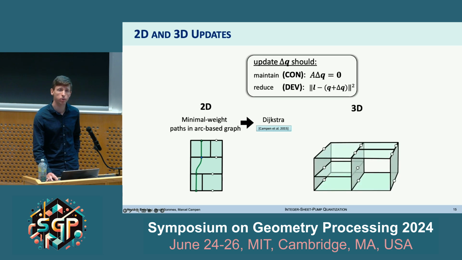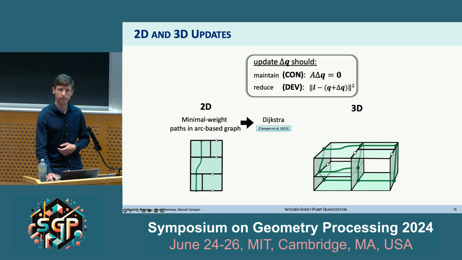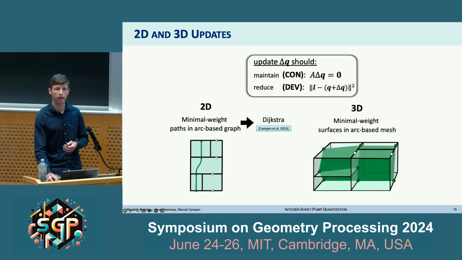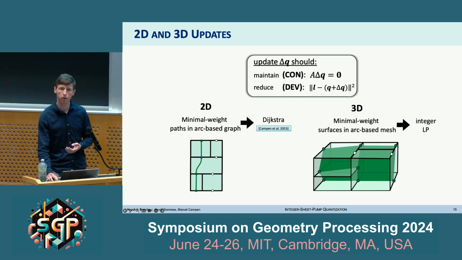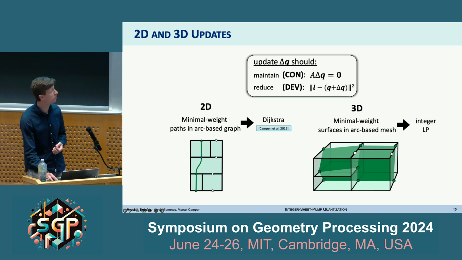In 3D, the arc graph has an additional dimension, and the closed path analogy does not work. Instead, what is needed here is basically a closed surface in a dual cell complex. And such a minimal weight surface in a discrete mesh can be found by linear programming, requiring integer solutions.